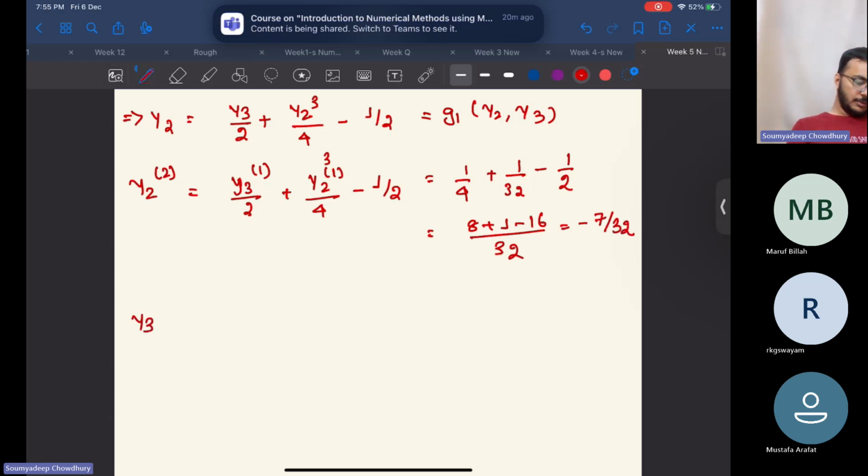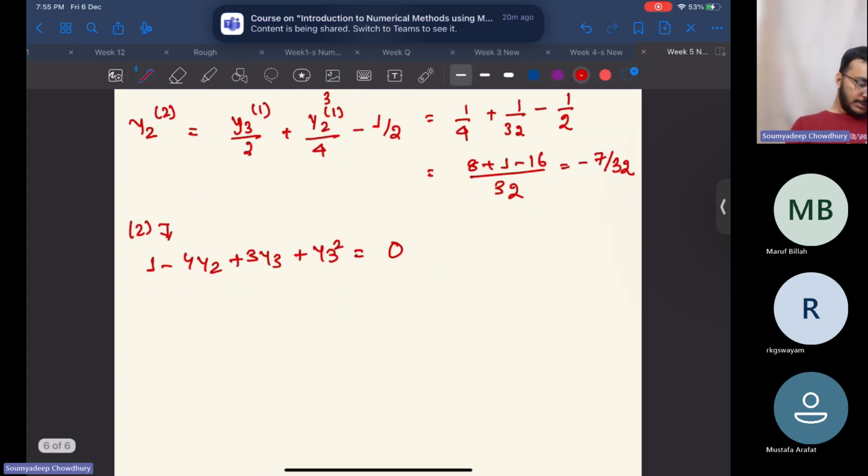Similarly, y3 from the second equation, from equation 2, we'll get y3. So I'll first write down the equation. The equation was 1 minus 4y2 plus 3y3 plus y3 squared equals 0. From this, if we try to find y3, it is 4y2 minus y3 squared minus 1 upon 3.